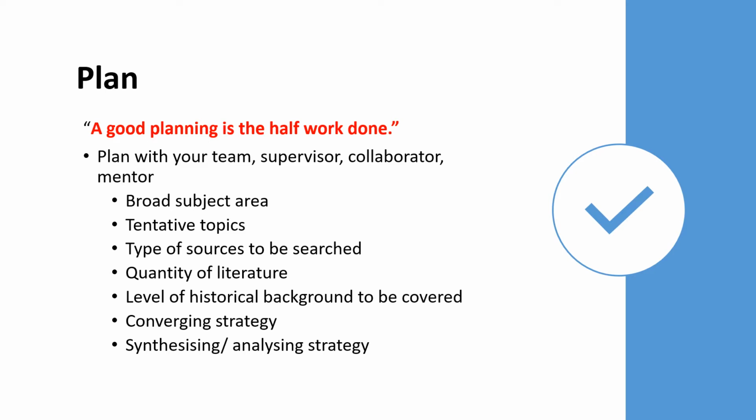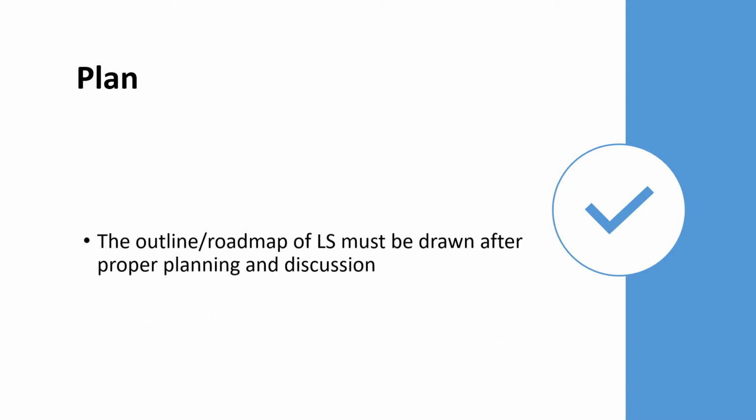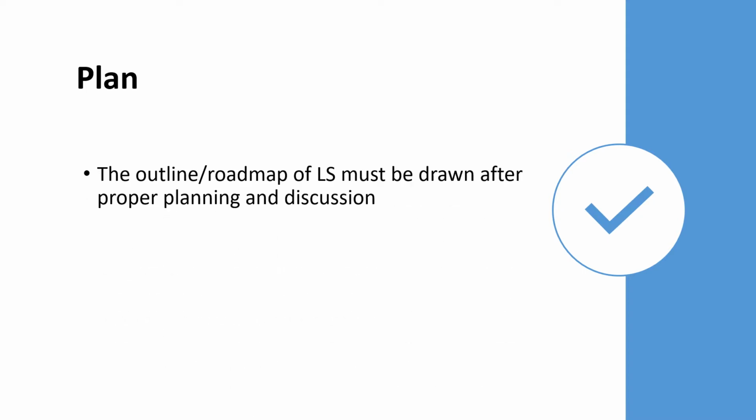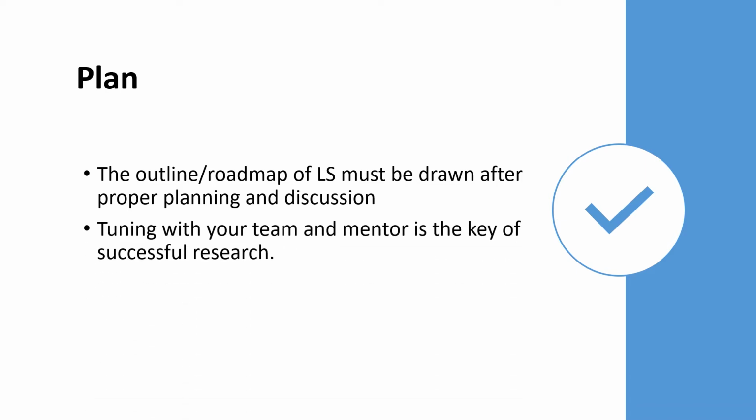And then lastly, the outline or the roadmap of literature review must be drawn after the proper planning and discussion. Tuning with your team and mentor is the key of successful research, and the planning is the base of literature review and research. So it must be done with good tuning and discussion with all the stakeholders.